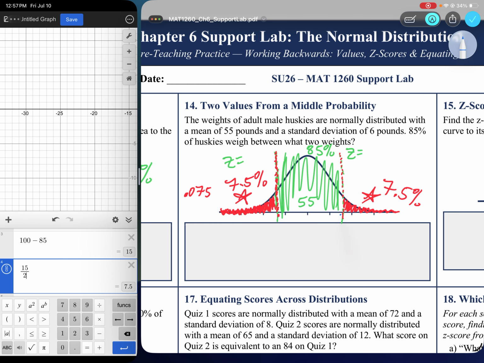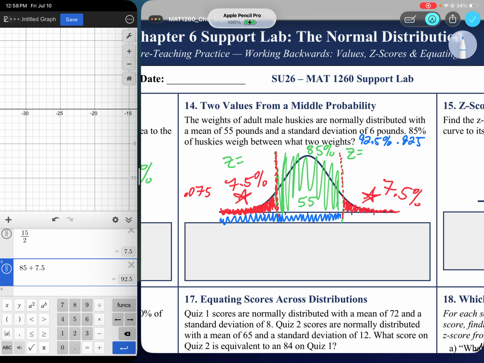Well, below it is this entire 85% that we care about, plus the 7.5% tail that we're cutting out. So 85 plus 7.5, we are going to need to put in 92.5%, or 0.925, to get the upper bound. So I'm going to take those two left tail probabilities, 0.075 and 0.925.